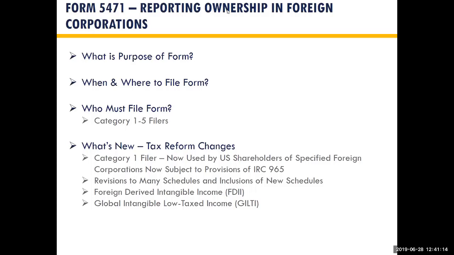So if U.S. persons own more than 50%, that corporation is a CFC. And if you own 10% or more of the stock of that CFC, then you have a category 5 filing obligation. It's very confusing. We can help you understand if you have a filing obligation in those situations. It's not very intuitive. The IRS has not made it very easy, believe it or not.